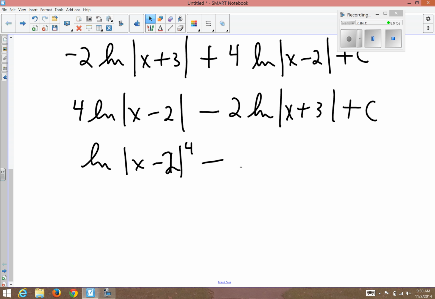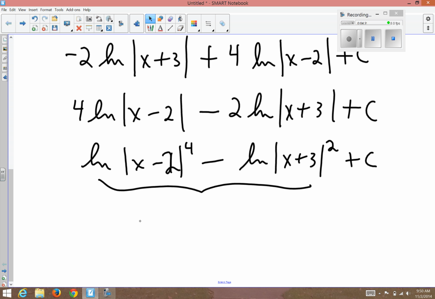Same with this 2, it's a number in front of log, so the 2 can be written here, and a log minus a log can be written as one log of the quotient, like that.